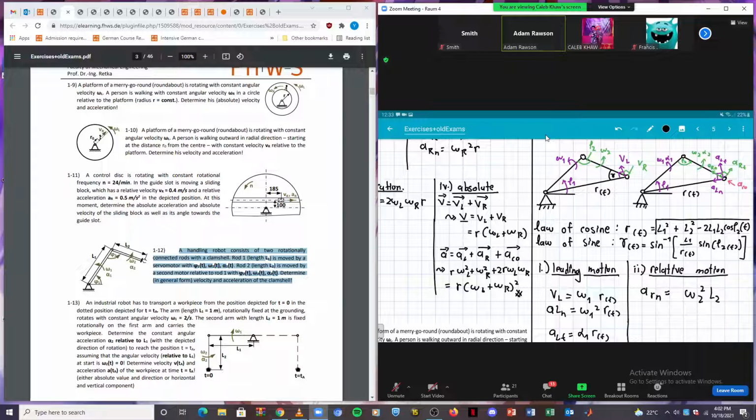Anyway, after we get the relative velocity and the relative accelerations, we should then be able to sum everything up to get our total velocity and total acceleration.